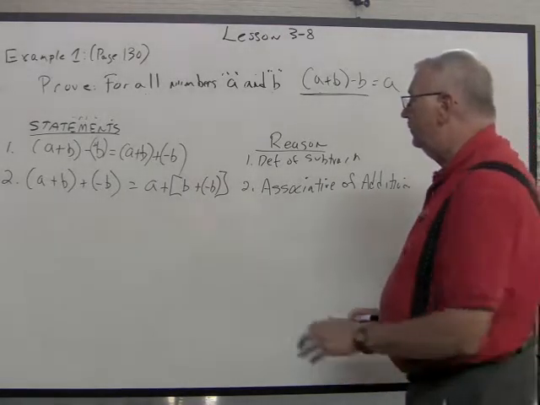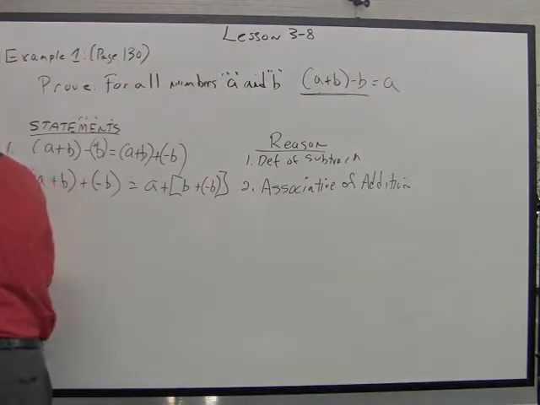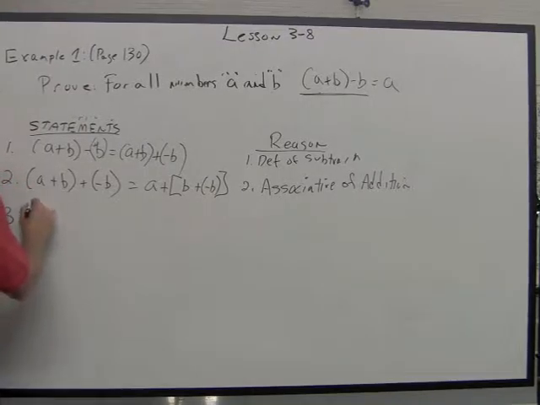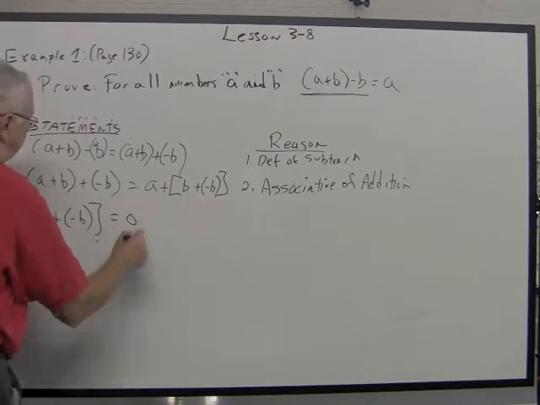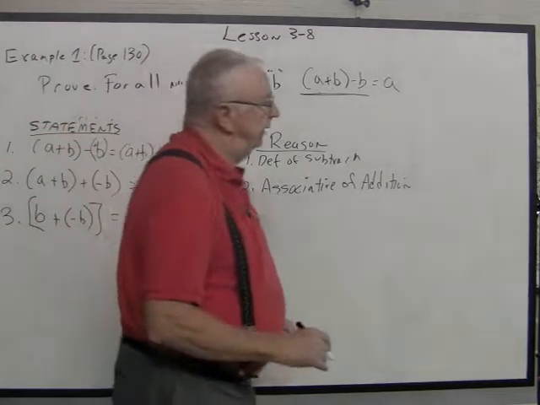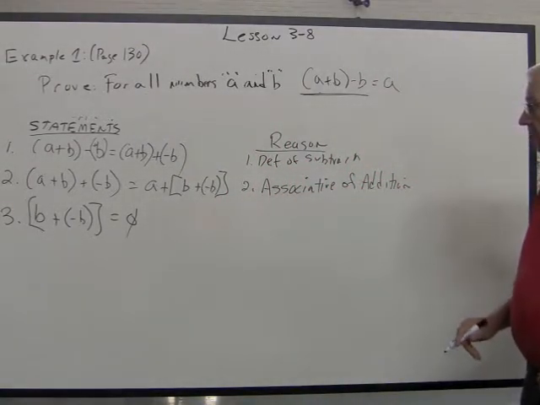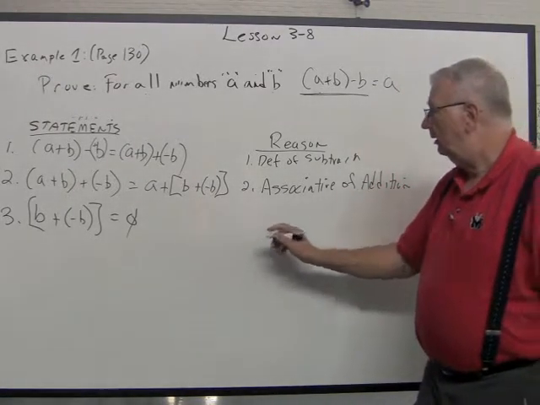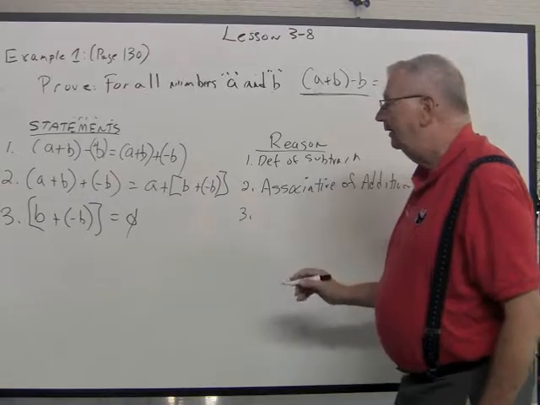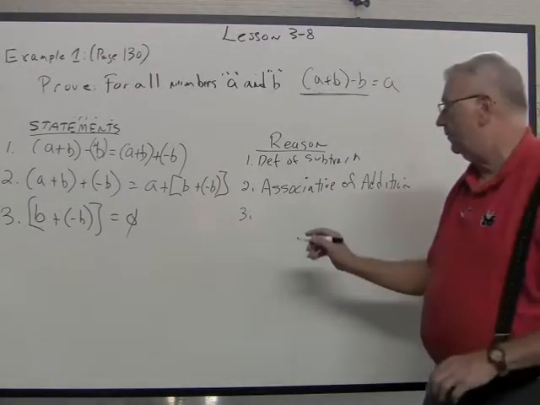Then what they do is take out just this expression, the b plus the minus b, equals 0. So b plus the minus b equals 0. Now, for what reason could they use for that? Well, if you remember back, there's the property of opposites.